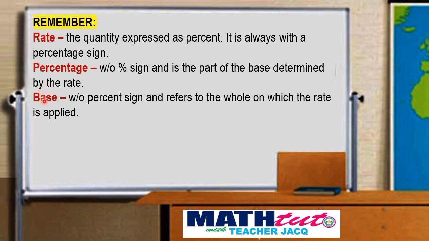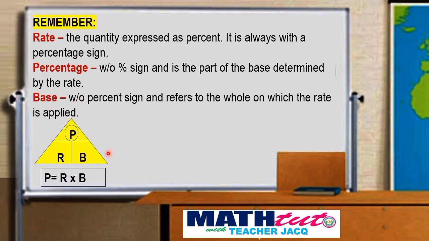And when we say base without percent sign, it refers to the whole on which the rate is applied. So, lagi lang tatandaan, si rate yung may percent sign, si percentage, iyon yung part or portion ng ating base. At ang ating base, ito yung totality or kabuuan. So, between base and percentage, always remember na mas mataas lagi ang value ng base kaysa kay percentage.